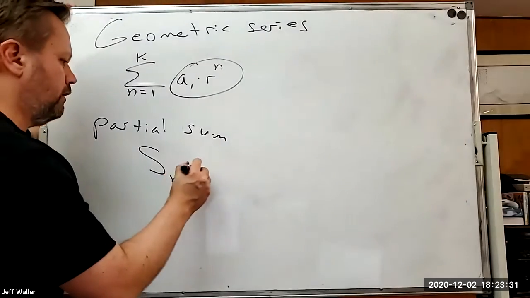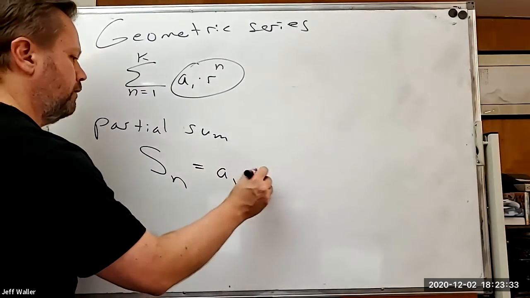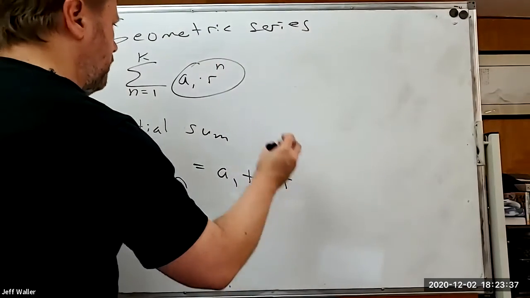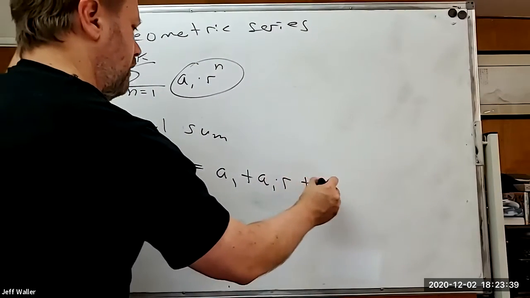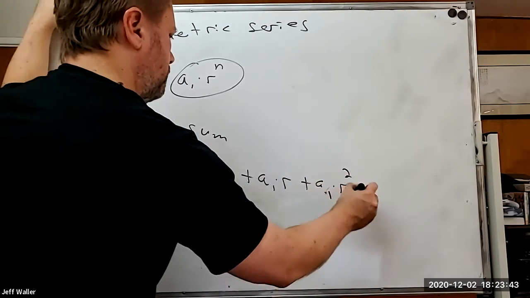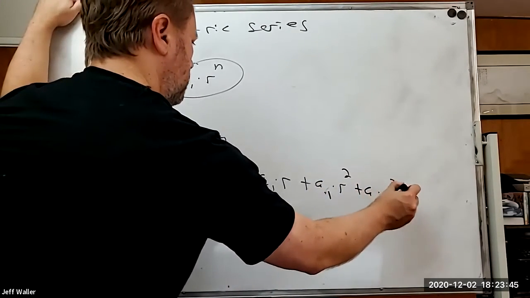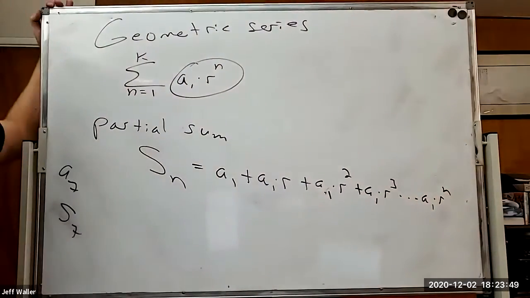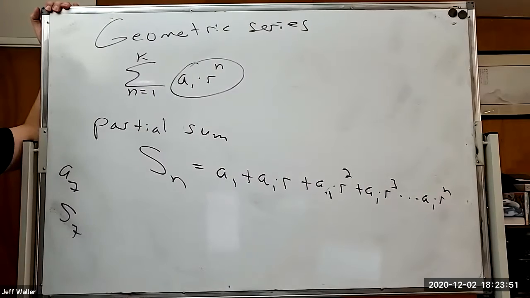So this would be A1 plus A1 times R, plus A1 times R squared plus A1 times R cubed, up to A1 times R to the n, right? You guys with me? Stay with me. This is really neat.